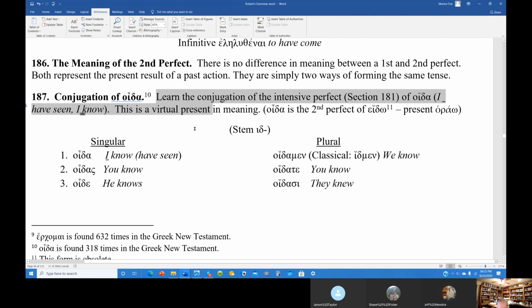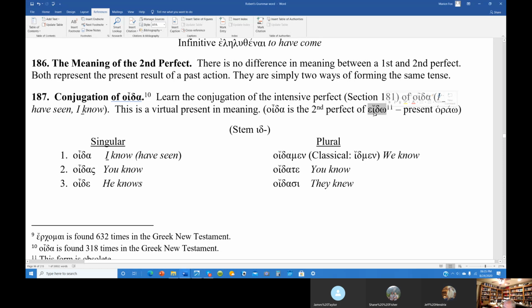Remember, we had some verbs that they put two words together. Earlier we talked about those. This is one of those words. It's from oida, which is the second perfect. Now that's what we're looking at here of eido.